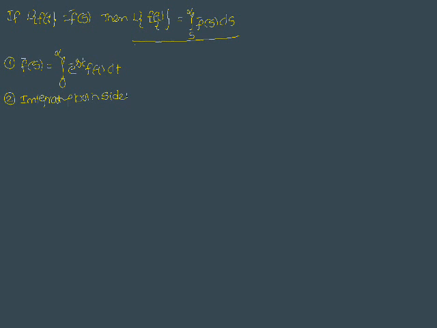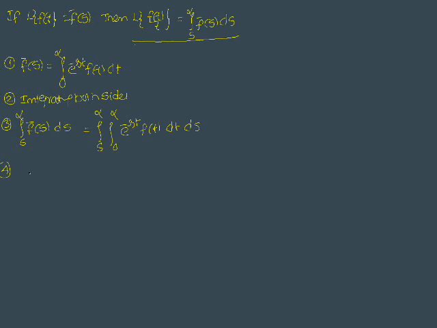So the integral from s to infinity of f bar of s ds is equal to the integral from s to infinity of the integral from 0 to infinity of e power minus st into f of t into dt and ds. Okay.